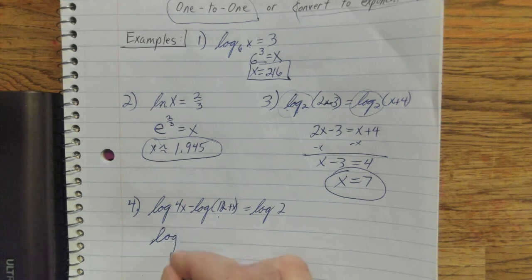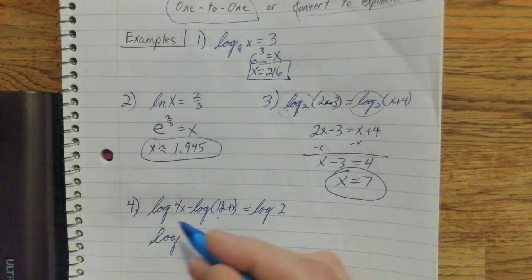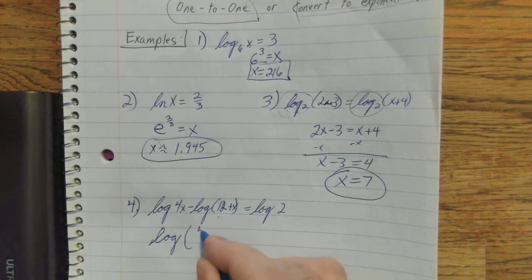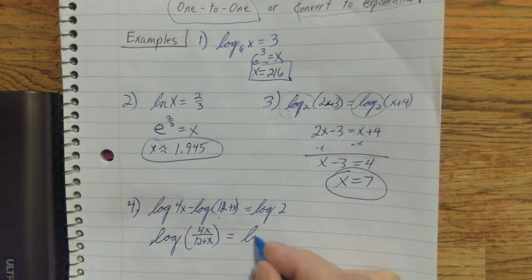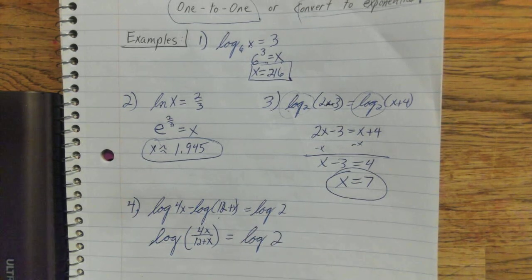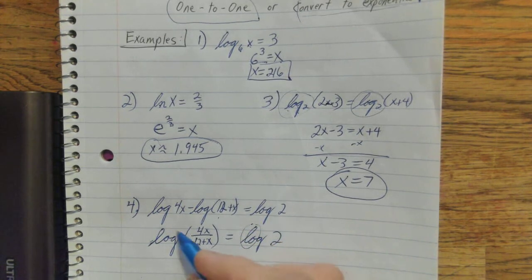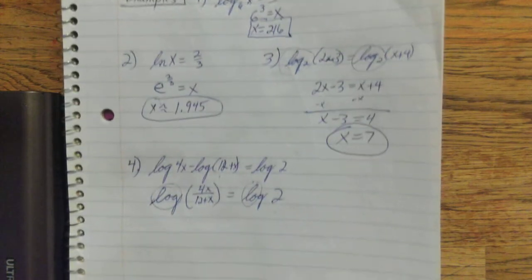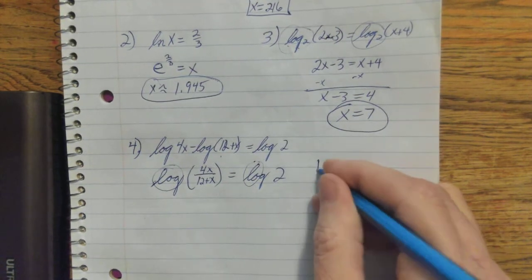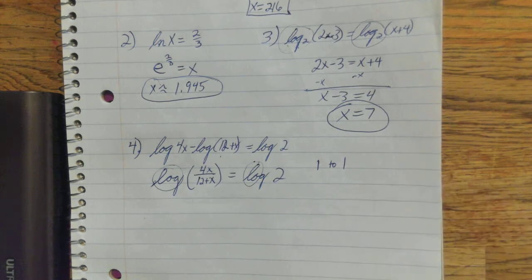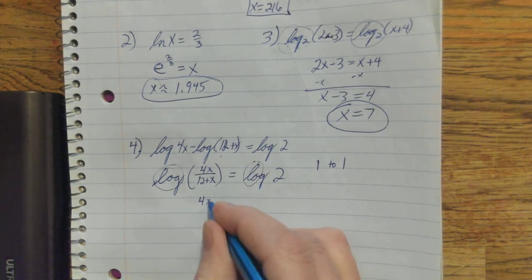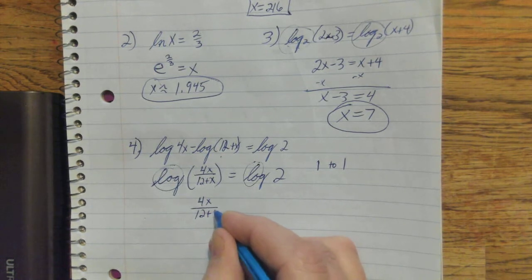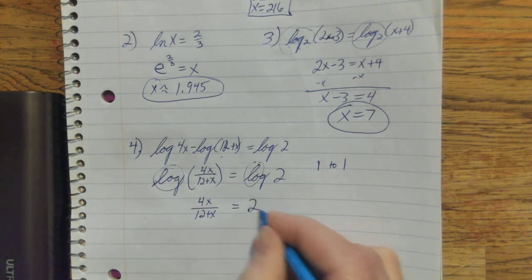So I'm going to take the log and use the quotient property of 4x over 12 plus x equals the log of 2. And now those are the same operations, a one-to-one correspondence here between these two sides. So I'm going to just take that out and just go 4x over 12 plus x equals 2.